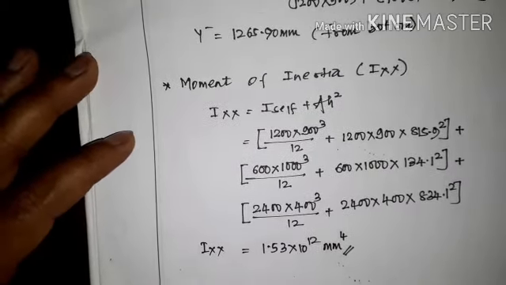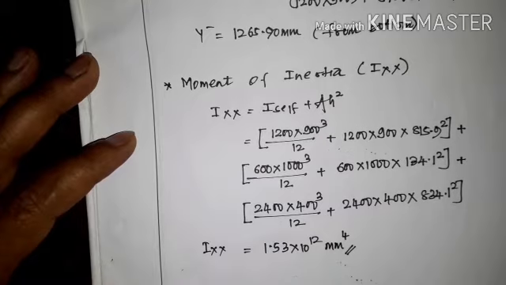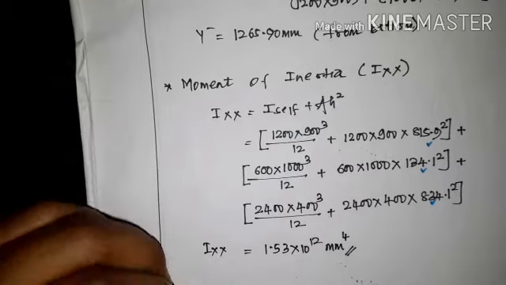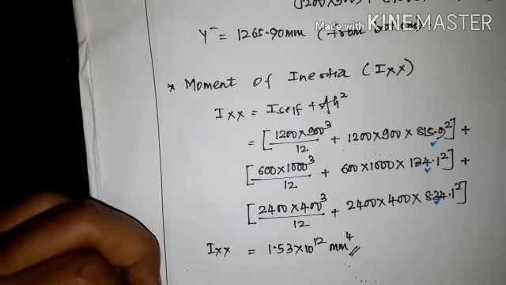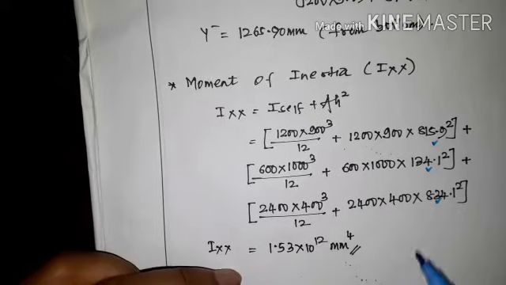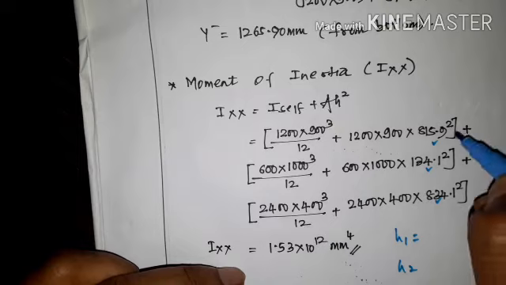Now we'll check how we got these distances, h1, h2 and h3.